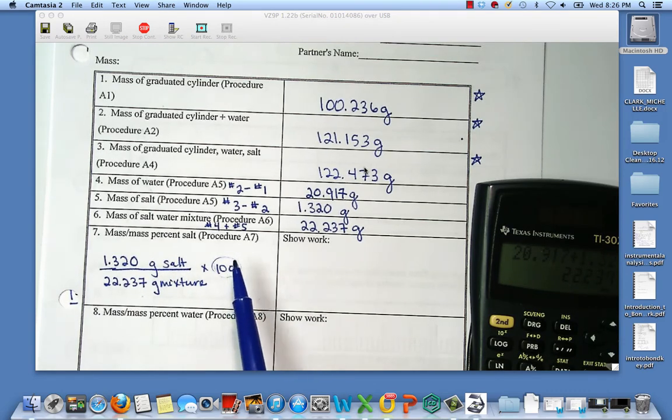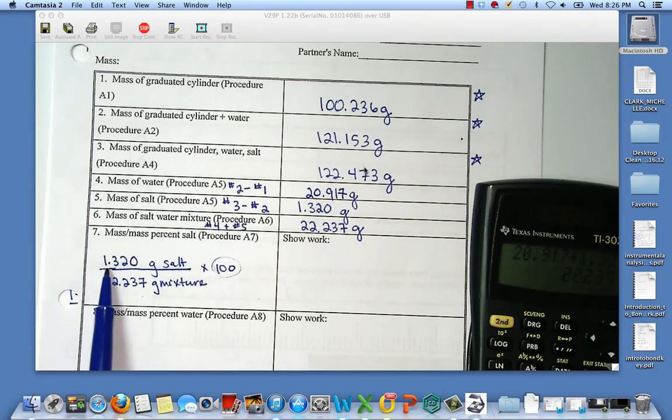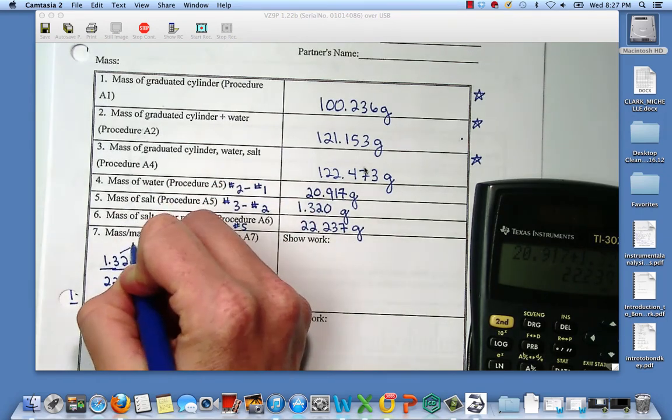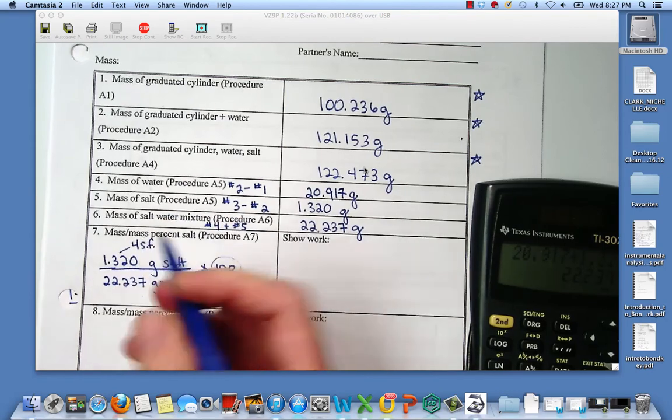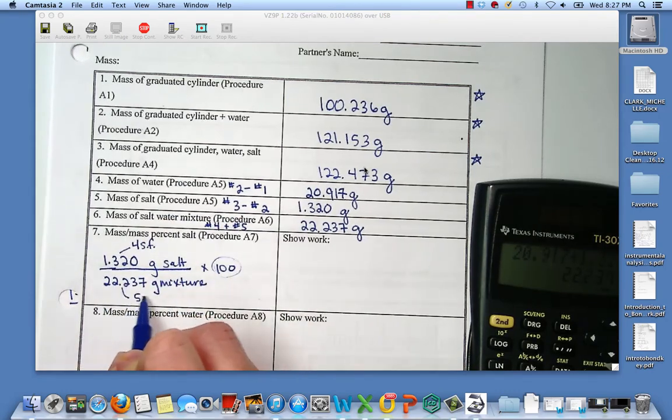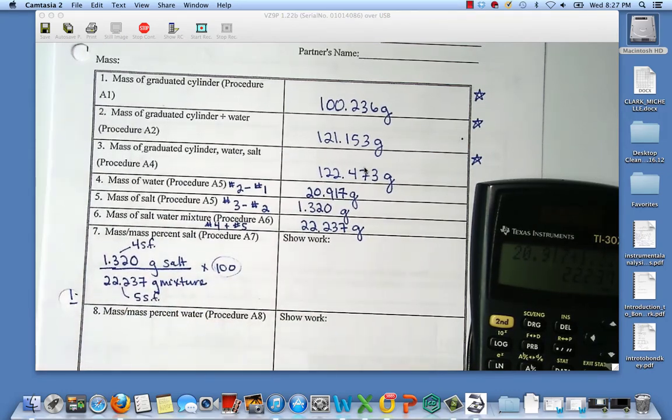But we do have to pay attention to these 1.320 grams and 22.237 grams. So this has 4 sig figs, and this has 5 sig figs. So our answer cannot have more than 4 sig figs.